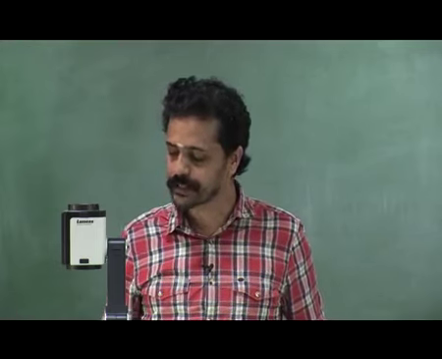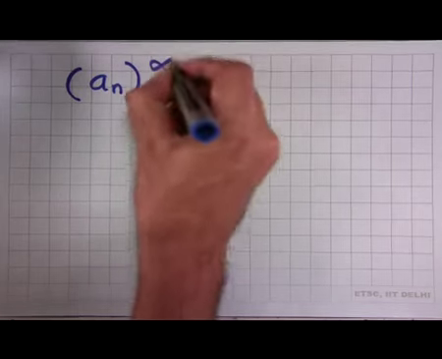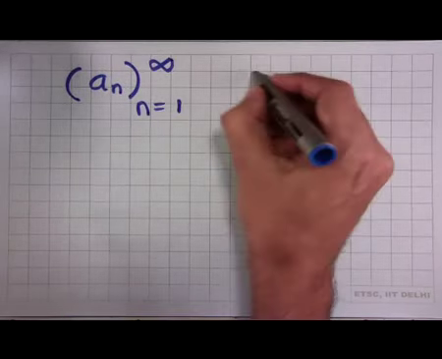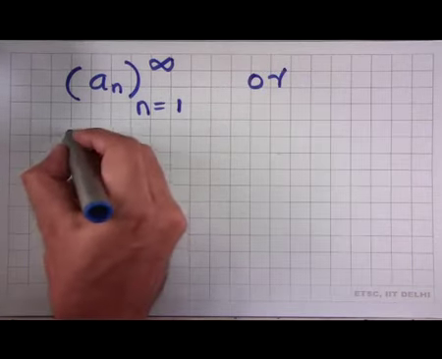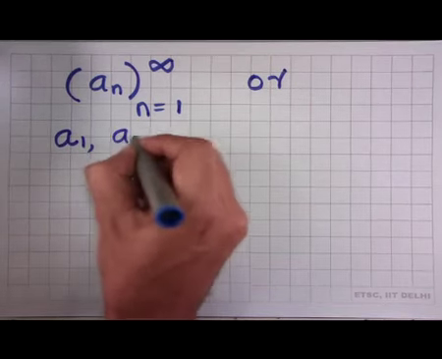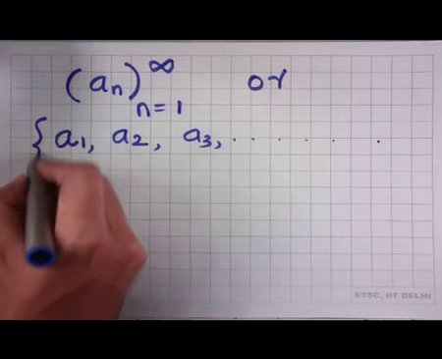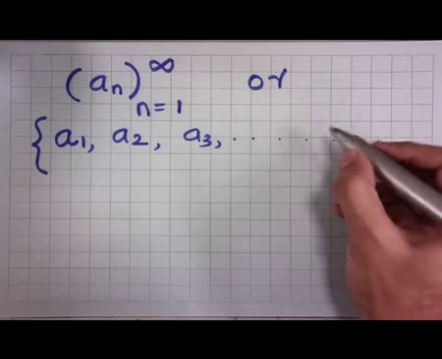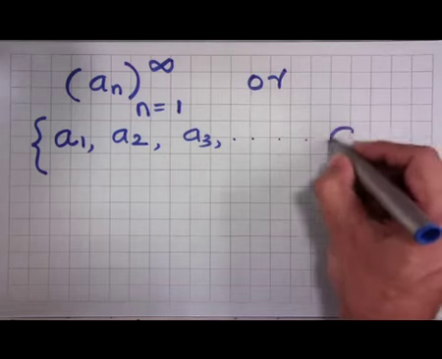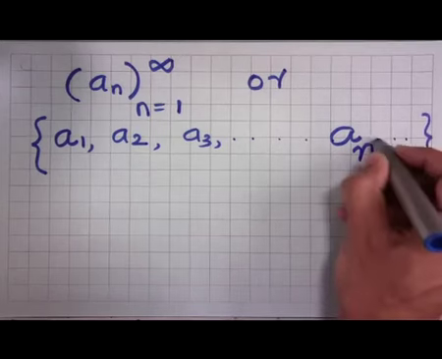Other possible notation for a sequence is this, or we can list a sequence as follows. It is advisable to describe the nth term of the sequence, namely a_n.